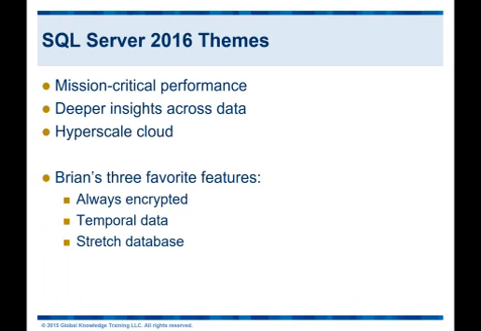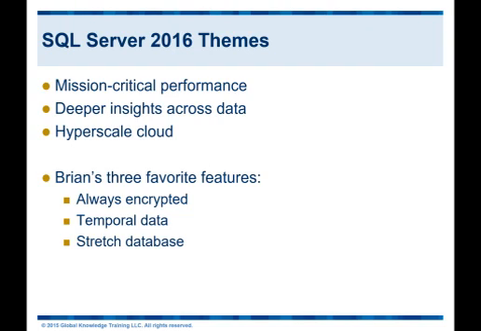Now, as always, Microsoft have a set of themes for the release, and first of all, number 1 on the list is mission critical performance. Of course, we want our databases to run as fast as possible with high query transaction throughput, and we need our databases to run faster than ever with high availability, scalability, etc. So that's a major theme that's consistent across most releases.